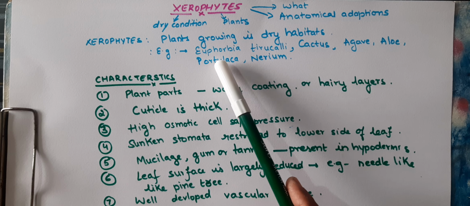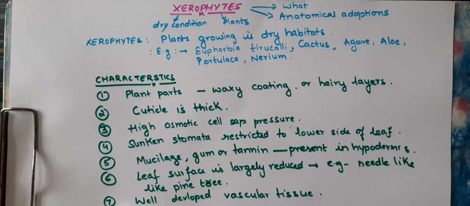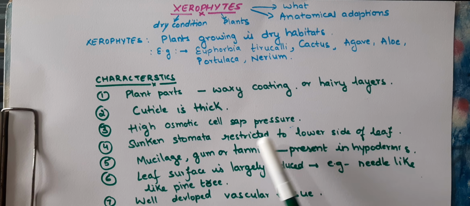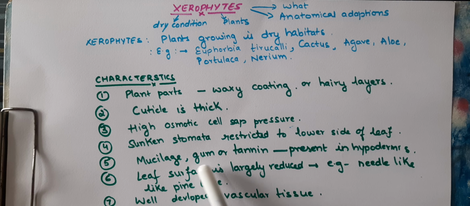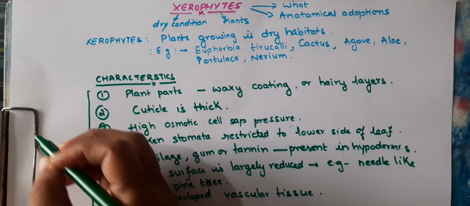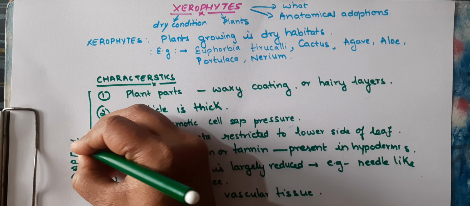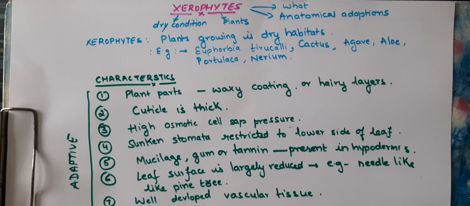There are a few examples of xerophytes like euphorbia, cactus, agave, aloe, and all these adaptive features like waxy coating or hairy layers, thick cuticle, high osmotic cell pressure, sunken stomata that are restricted to the lower side of the leaf, and the presence of mucilage, gum or tannin in the hypodermis, and reduced leaf area, and well developed vascular tissue. These are all the adaptive features of the plant to endure the xeric condition. Xeric condition means the dry condition, okay.